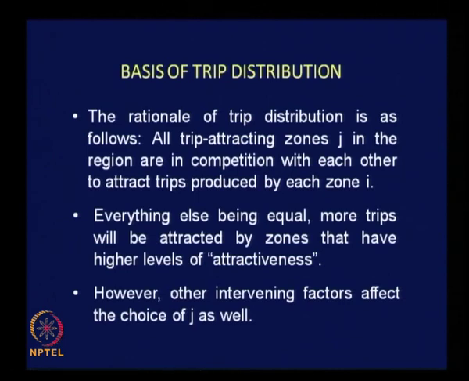Let us say zone 100 is the most attractive zone as far as trip attraction is concerned. It is relatively an attractive zone compared to all other zones. Zone 50 is relatively less attractive, and we are trying to understand the distribution of trips between zone 1 and 50 and 1 and 100.